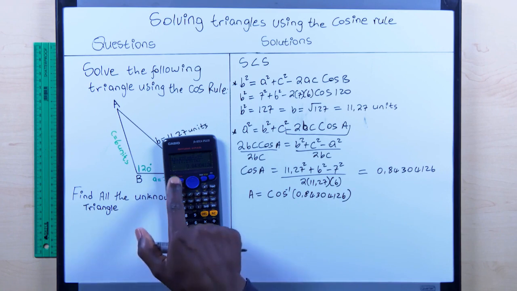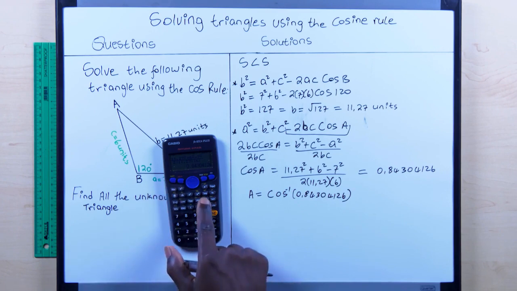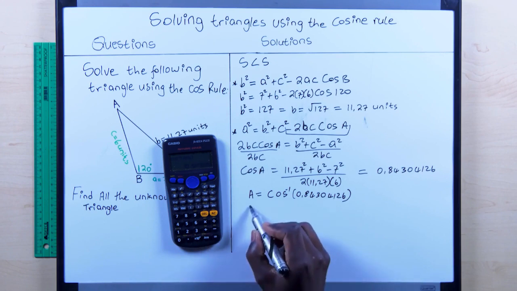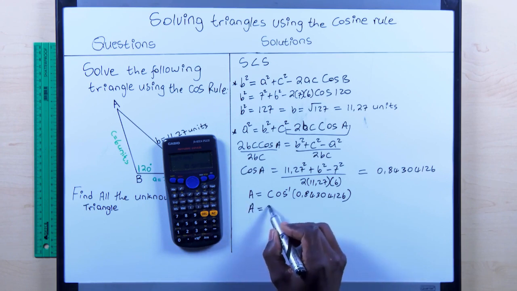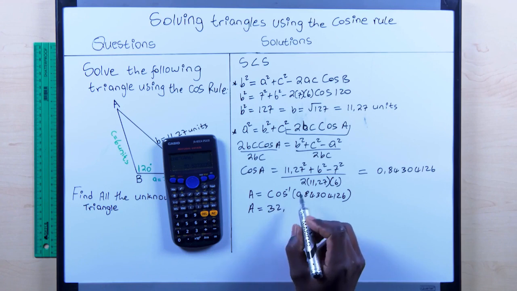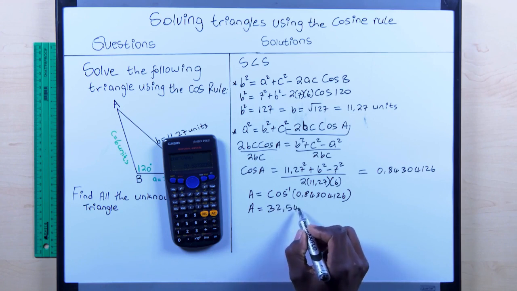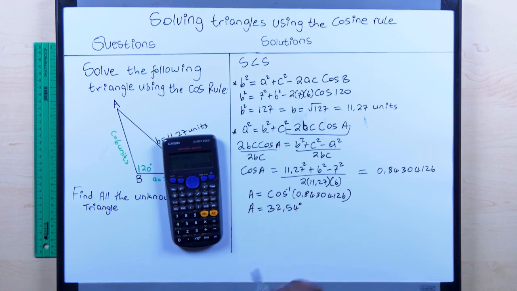So what are we going to do? We're going to say shift cosine of the answer, which was stored in our calculator, close bracket, equals, so angle A is equal to 32.54 degrees. That's angle A.